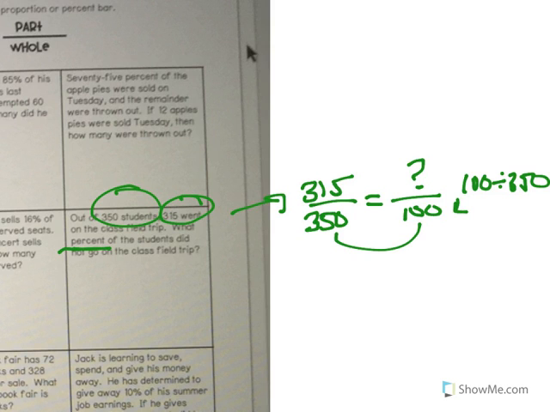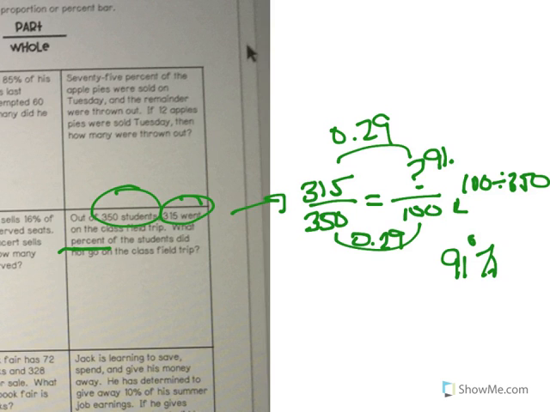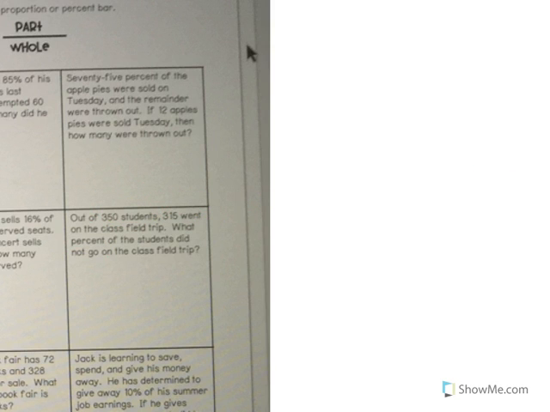So 100 divided by 350 is 0.29. I'm going to round. So 0.29 goes on top. And 315 times 0.29 gives me 91. And I'm going to round. And so remember, 91% is what I write there. Okay? That one wasn't so bad either. Let's clear those drawings, or put me on pause and write this.